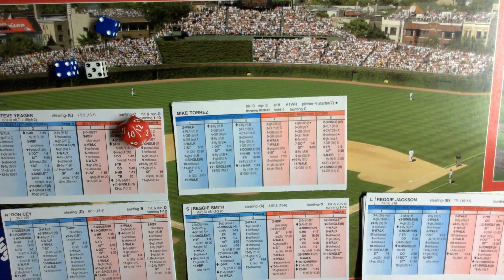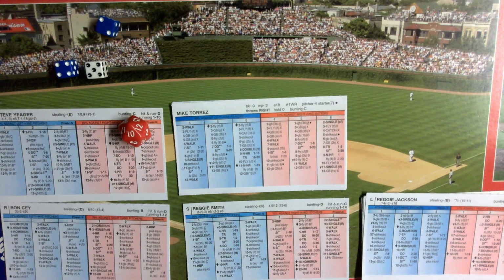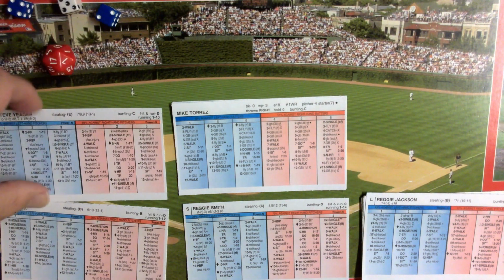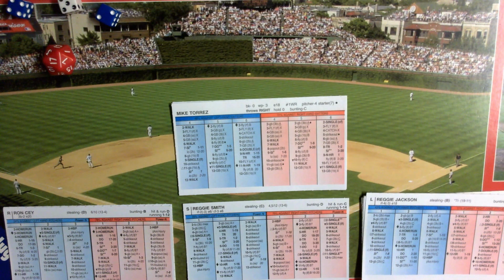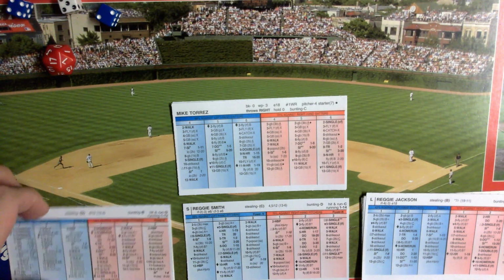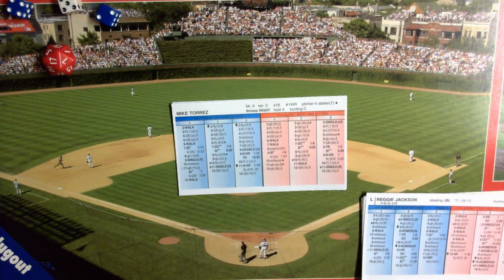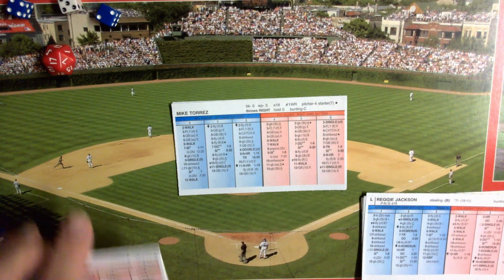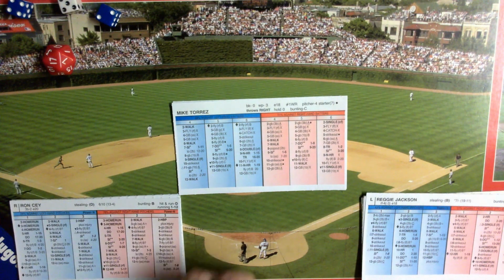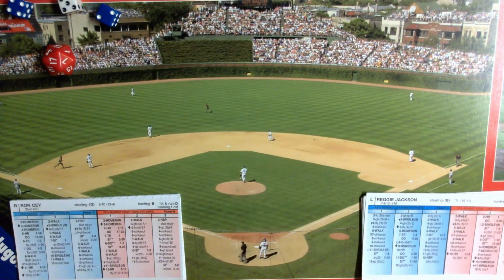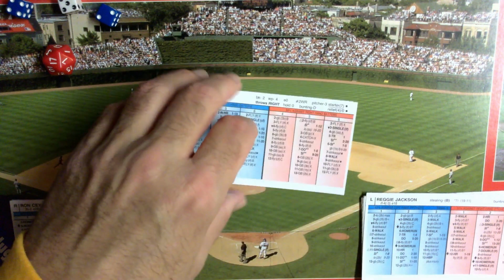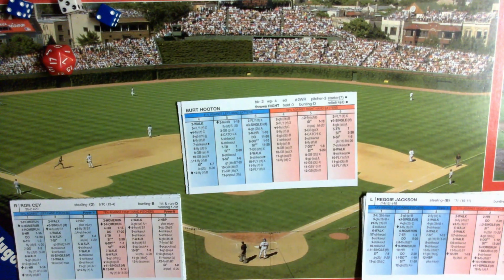Reggie Jackson is up, followed by Chris Chambliss and the 3rd baseman, Greg Nettles. Jackson is having a good series as well.